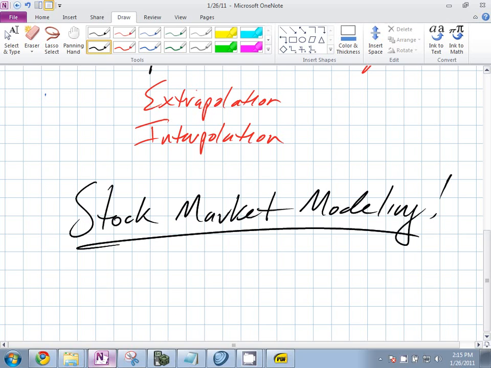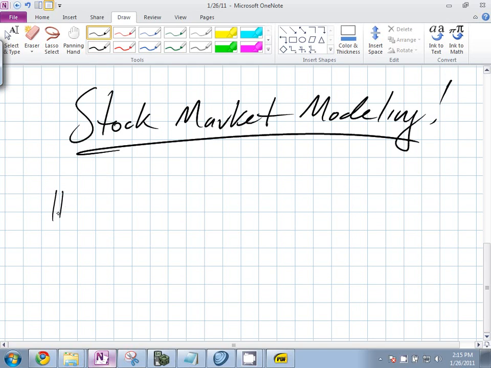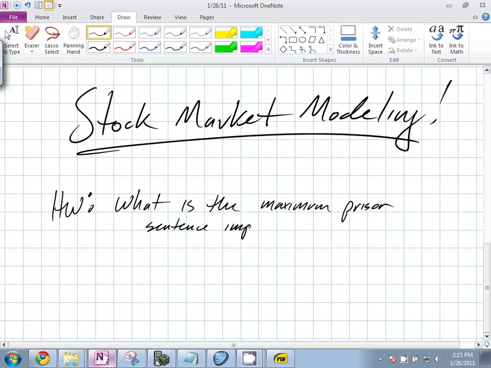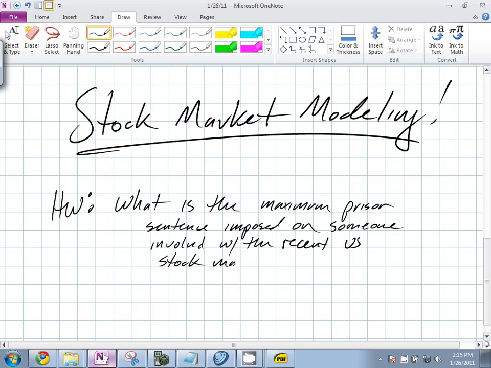Here is your first homework assignment. This is made up on the spot. What is the maximum prison sentence imposed on someone involved with the recent U.S. stock market crash?